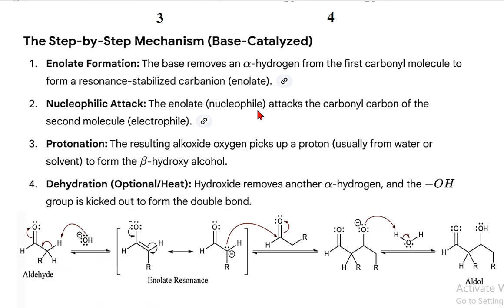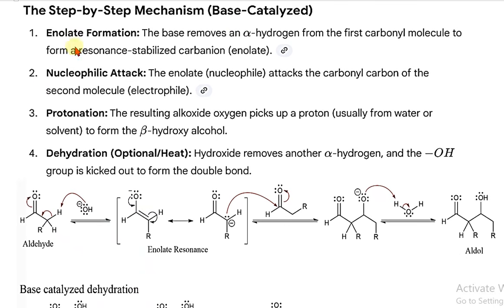So again, this is the step-by-step mechanism. Base catalyzed enolate formation: the base removes an alpha proton to give you the enol, the carbanion. This carbanion is stabilized by resonance.